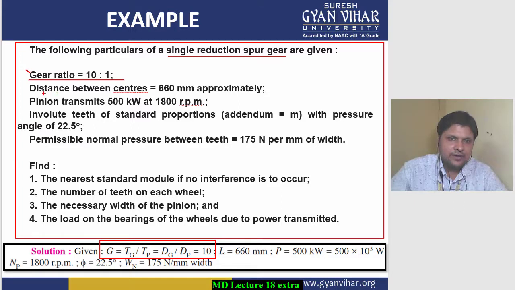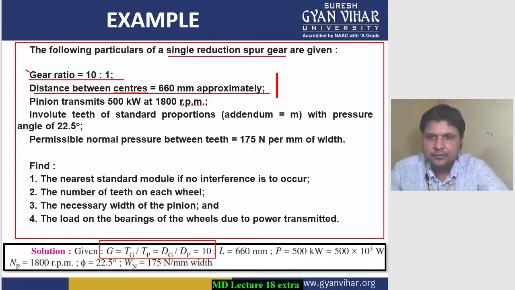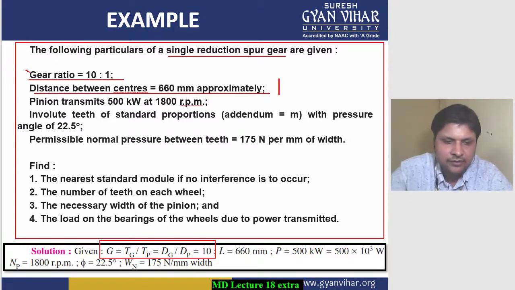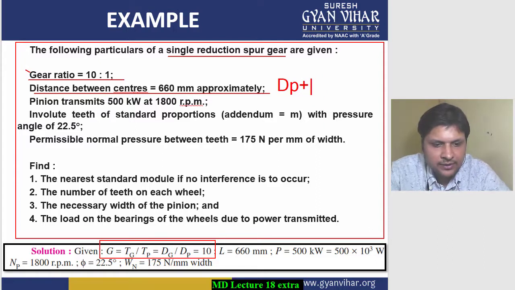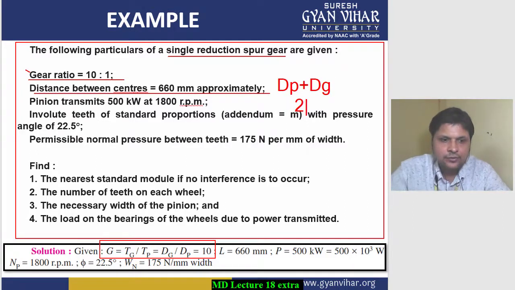Now the second value that is given is the distance between centers. Why is this important, students? Because the distance between the centers will be equal to the diameter of pinion DP plus the diameter of gear DG, divided by 2.